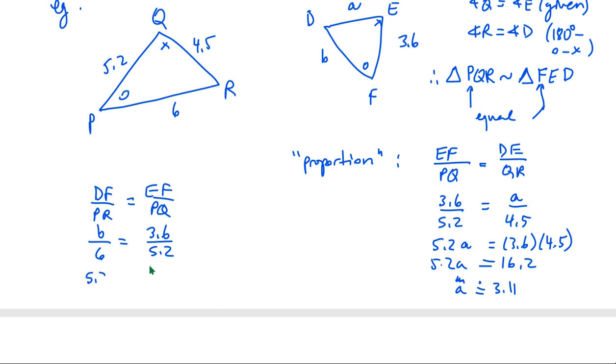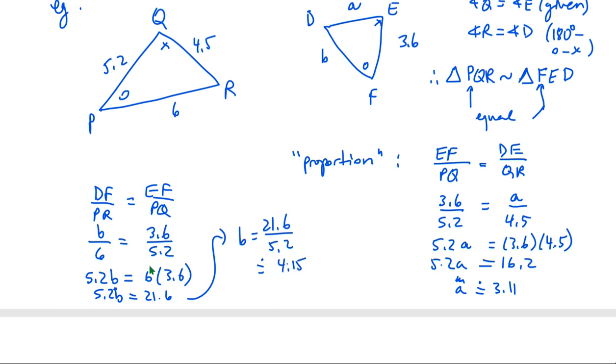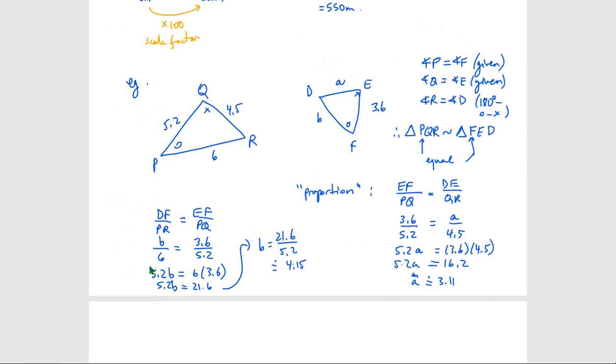Cross multiply, 5.2b equals 6 times 3.6, which is 21.6, which means b is equal to 21.6 divided by 5.2, which is approximately 4.15. Okay, and that's how we figure out the missing side.